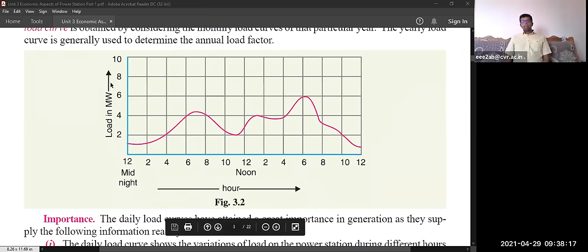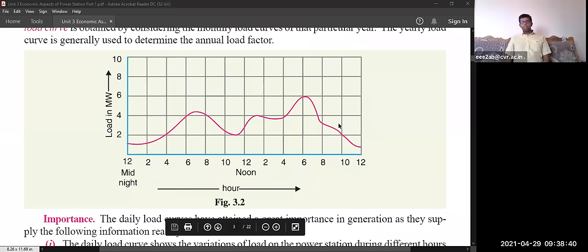You can get your monthly load curve as well as your yearly load curve, from April 2020 to April 2021, and you can plot that. You can take that data also.